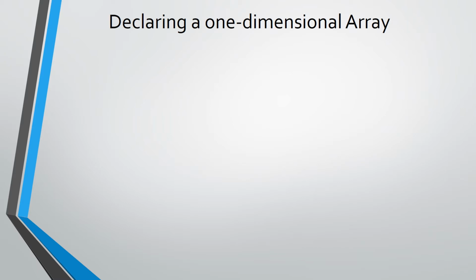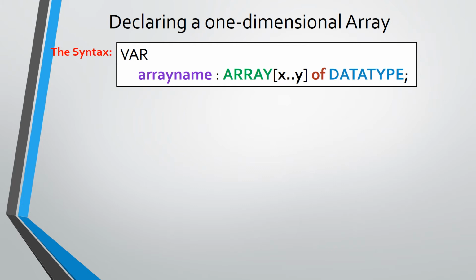So then I moved on to how we declare a one-dimensional array. I showed them the syntax, and at that point I reminded them that syntax means the rules of the programming language. They would see that it is var, the array name, colon, then the word array with square brackets and x..y, square brackets, of data type, semicolon.